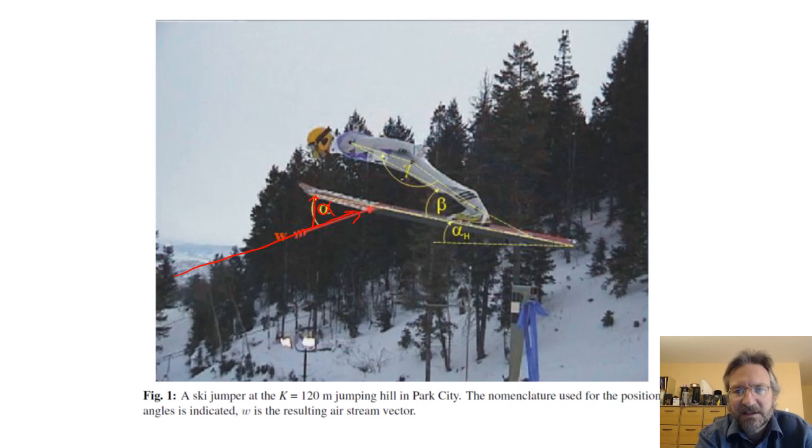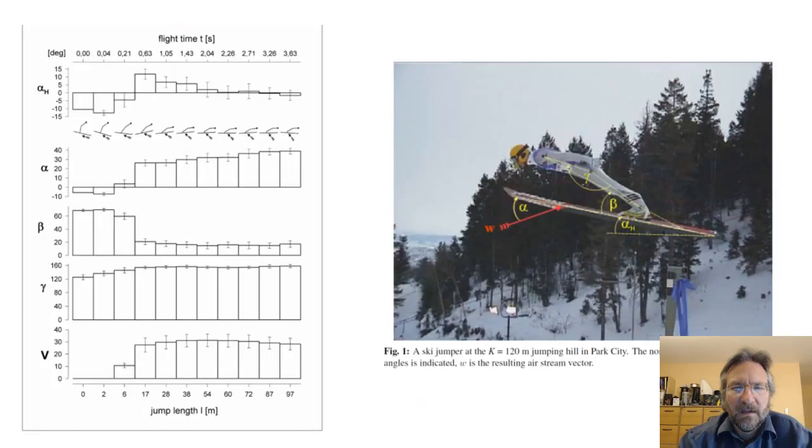Now the next angle is the angle of the body with the skis, and that's the angle beta. There's also the curvature of the body, which is what we call here the angle gamma. And then there's also the angle between the skis and the horizontal. So those are the angles, and what they look at is these different physical parameters.